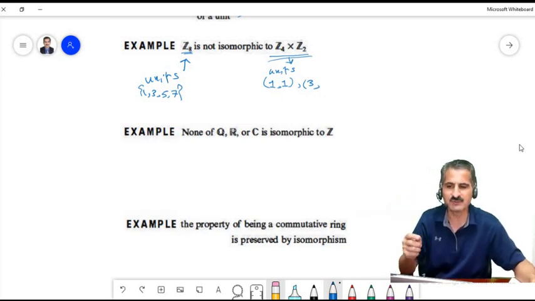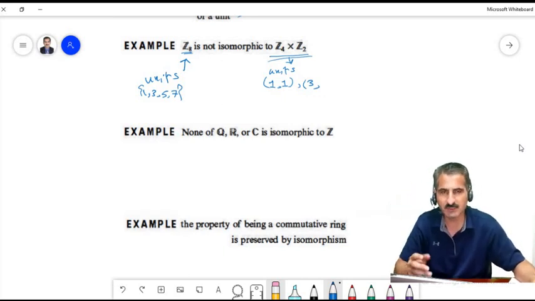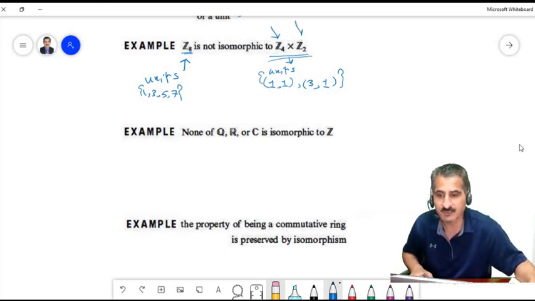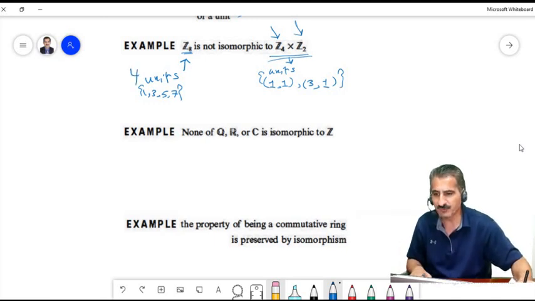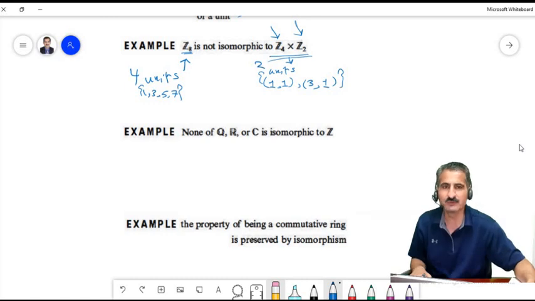The units of Z2 are only 1, so the second coordinate contains 1 only. So we have here 4 units, while we have here 2 units. So they are not isomorphic.